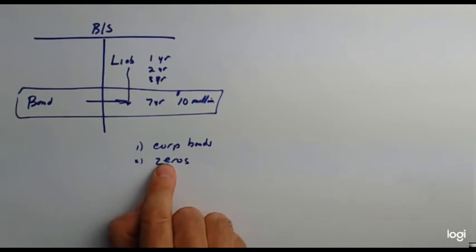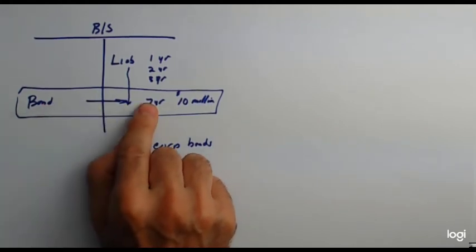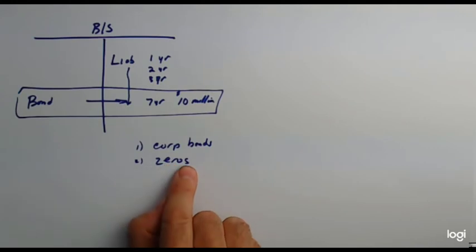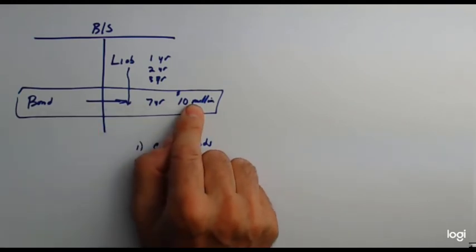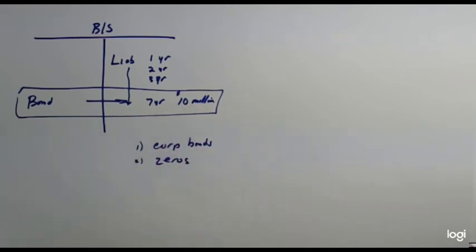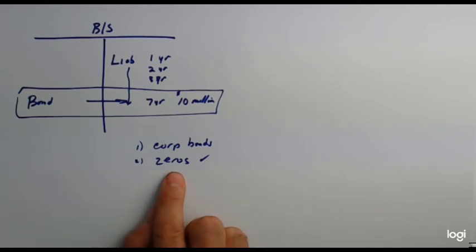So you buy this bond that matures in 7 years for $10 million. There's no reinvestment risk. There's no price risk because you're going to hold the bond to maturity and you know it's going to mature for $10 million. Ooh, that looks good. But again, the yields are going to be low on those things in general. There's no real risk premiums built in. You're not going to earn a very high rate of return. And also the market for these zeros is very competitive because they're in short supply.